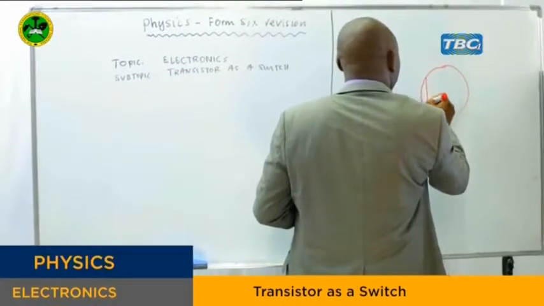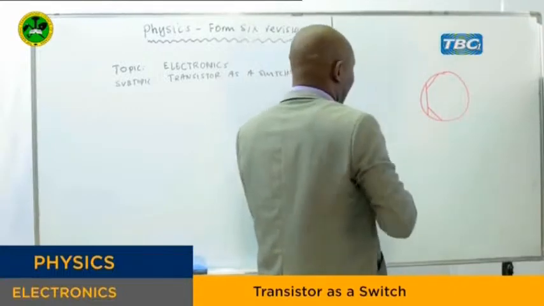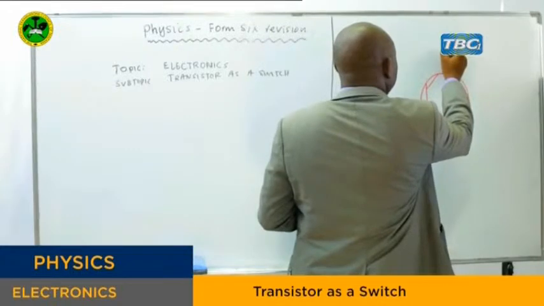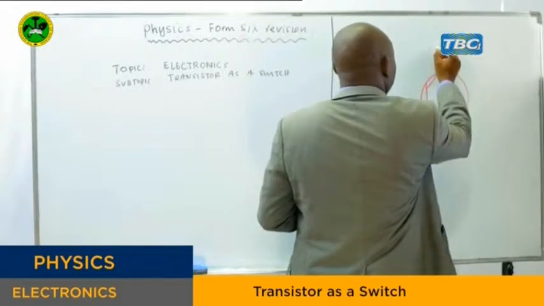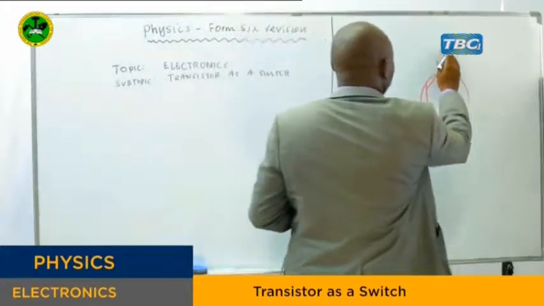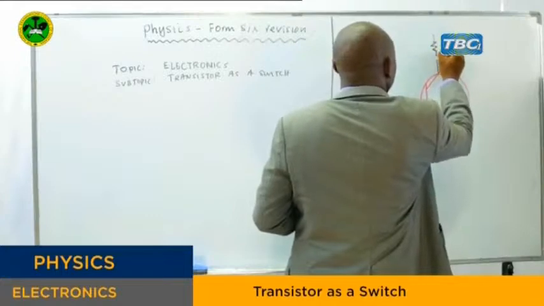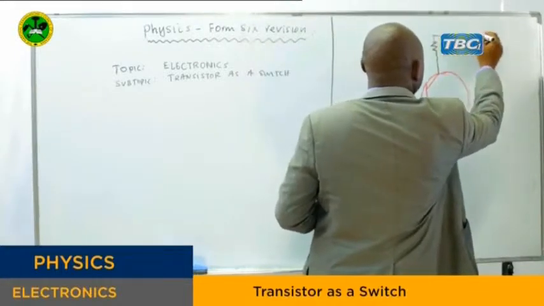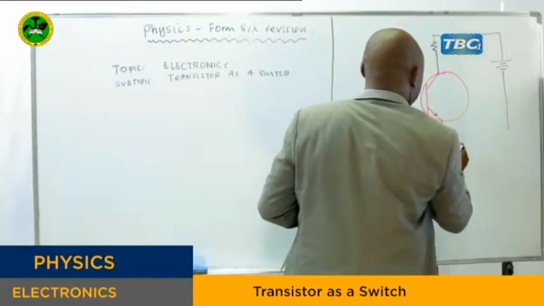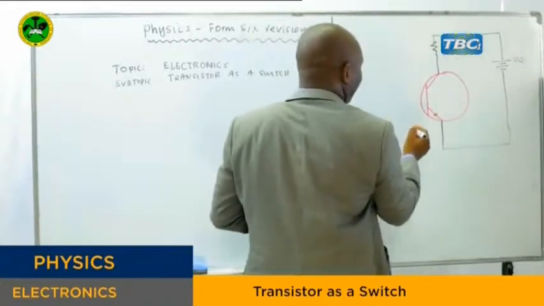This is our NPN transistor. The question says we have the load resistance, which is R2, and that's where you have R2 here. This is our supply voltage.